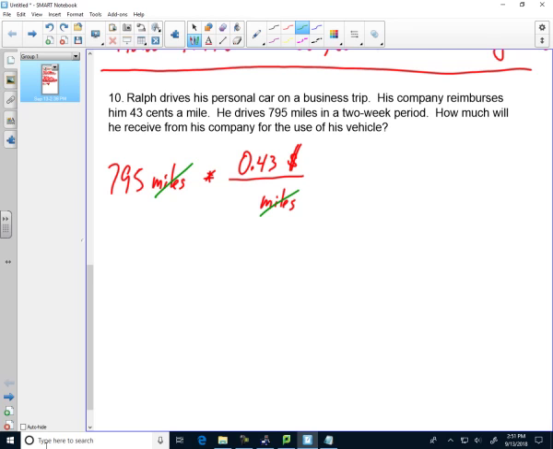And you'll notice, and I did this on one of those problems on Tuesday, and I thought about it later. I didn't explicitly point out to you why this works. I can do this because we are told that we can equate 43 cents and a mile.